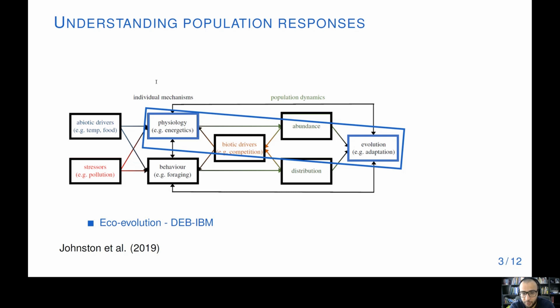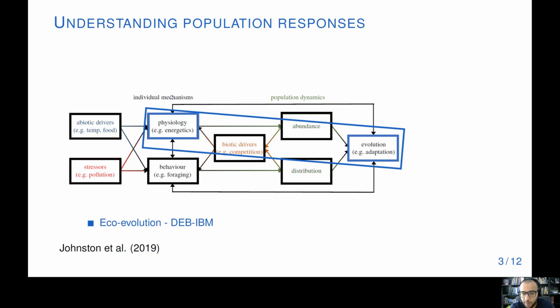So this has led, for example, to DEB-IBM, being dynamic energy budget individual-based models, which are population models using dynamic energy budget models to govern the physiology of individuals. So these models provide a nice basis to model populations facing climatic changes.